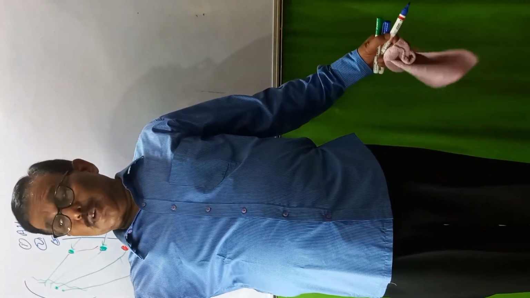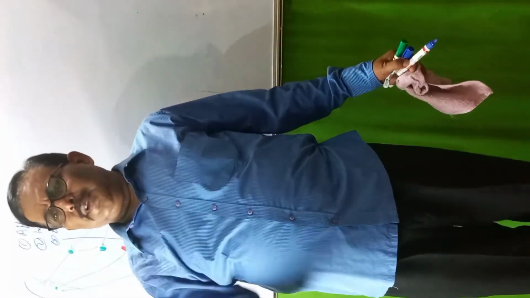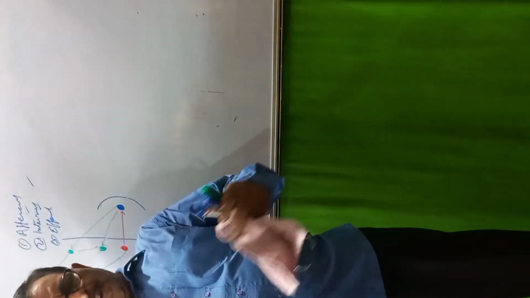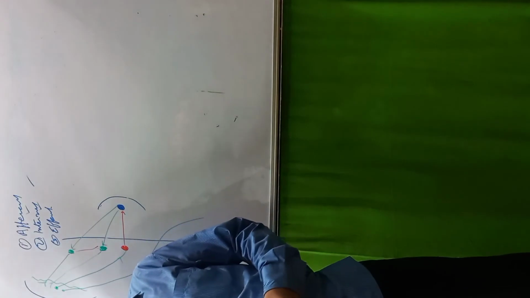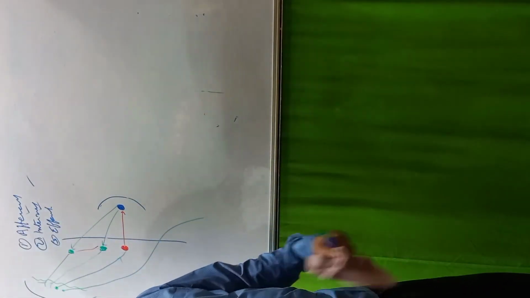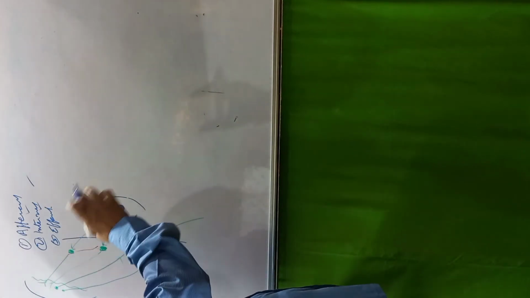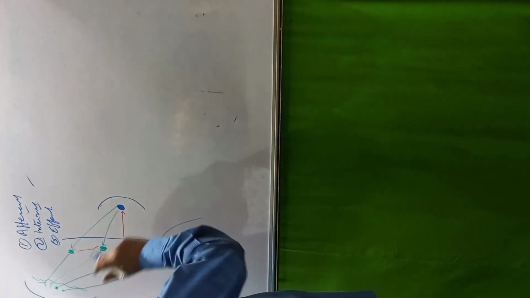Then he will be asked to touch the tip of the nose, or finger to finger. These things will show whether the cerebellum is functioning or not. So this is about the connections and function of the cerebellum.